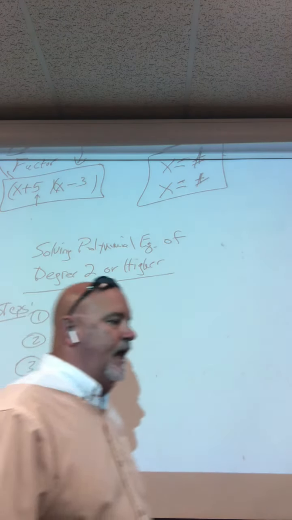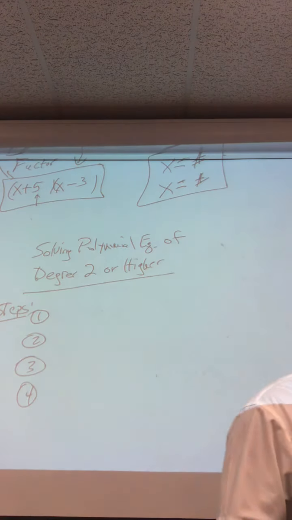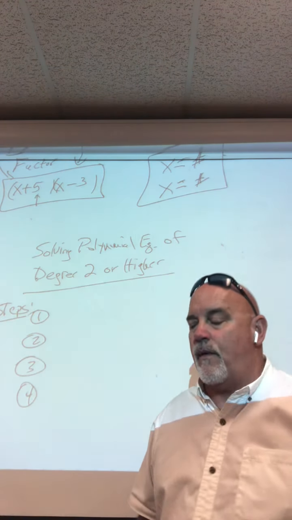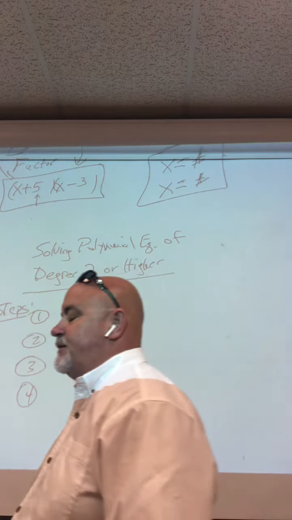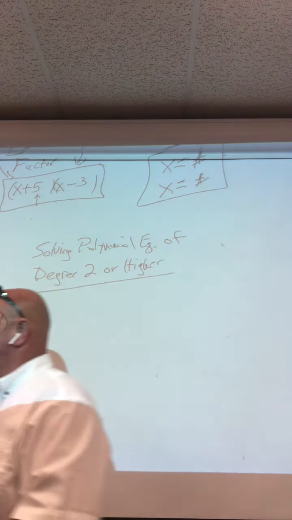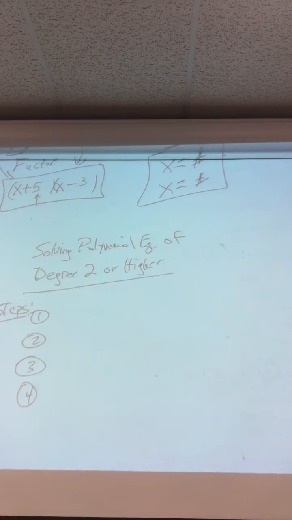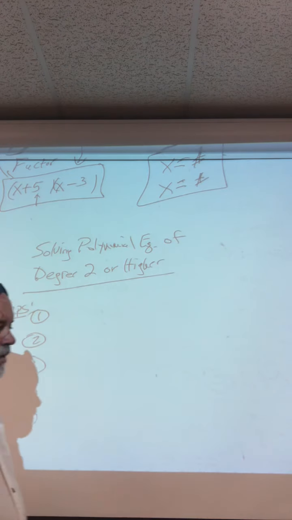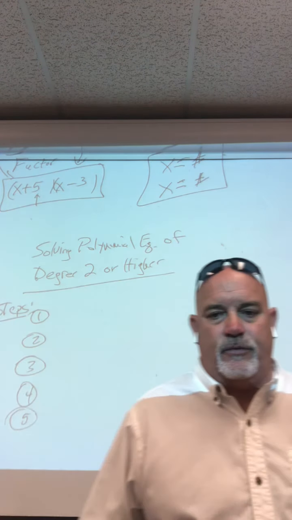Set each factor equal to 0. And then step 5, solve for the variables.